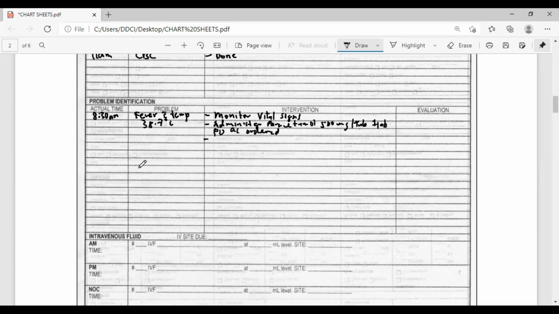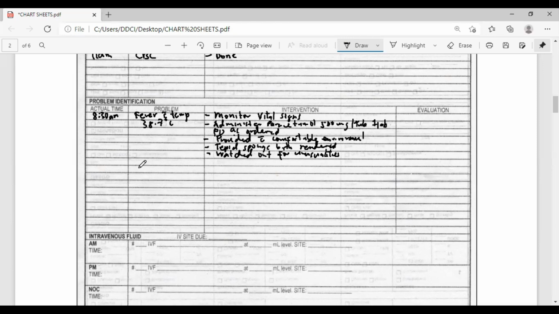Then you can do provide a comfortable environment. You can also put there tepid sponge bath rendered. Then lastly, watch out for unusualities.